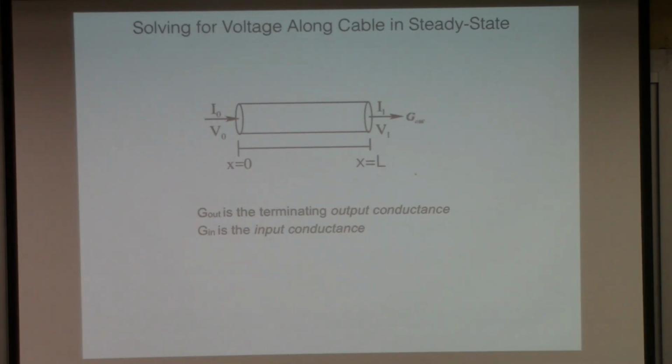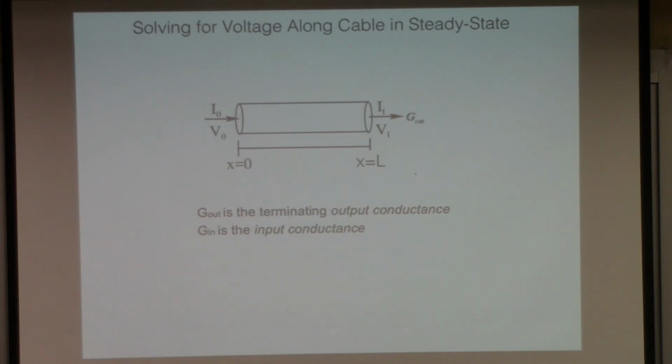And so what we need to do to compute the voltage in response to this current is we need to know the input conductance of this cable looking into this end, right? What is the resistance, or the conductance, I should say, to current flow looking into this end of the cable? If we know that and we're pumping in a current of this value, from Ohm's law we can calculate the voltage at that end of the cable.